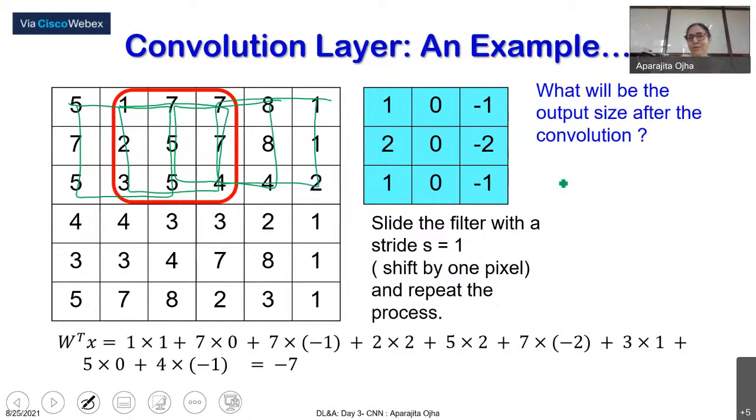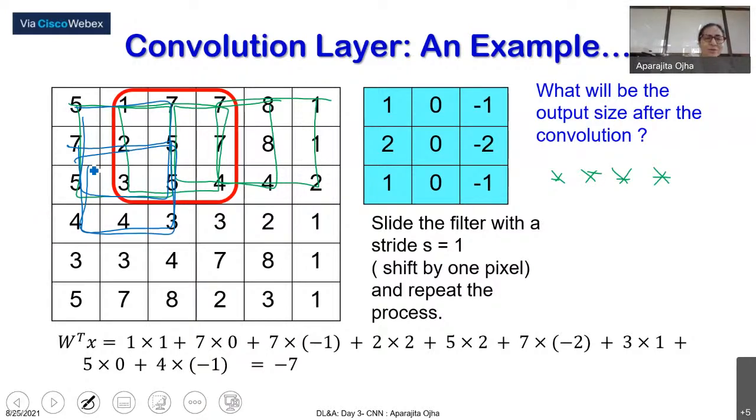So I get 4 outputs if I slide it horizontally. Now I will be sliding it vertically as well. So the first output from this is the first output, and the second output from this.